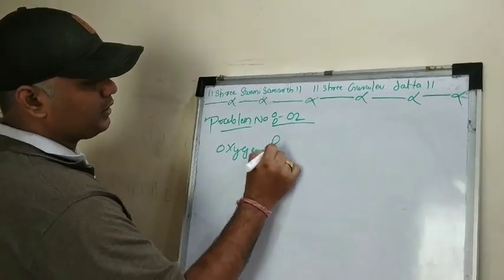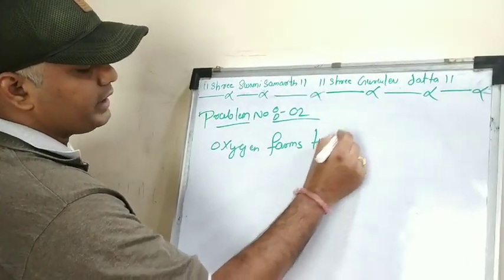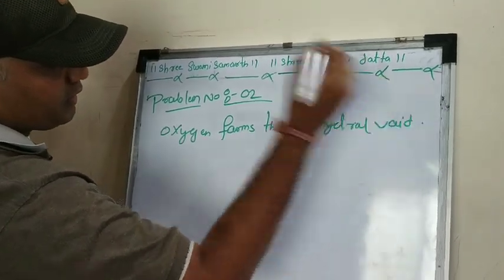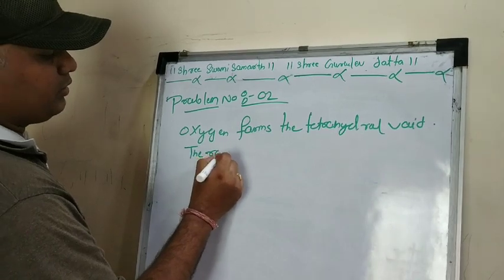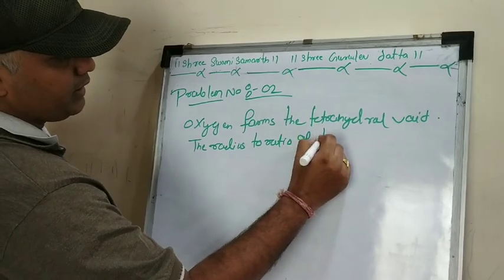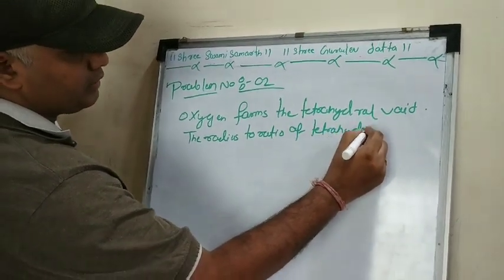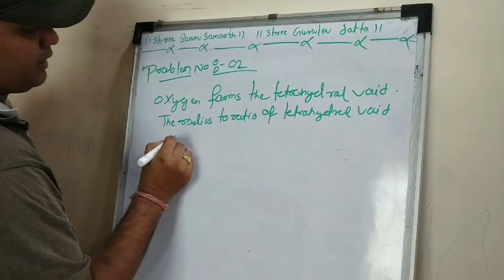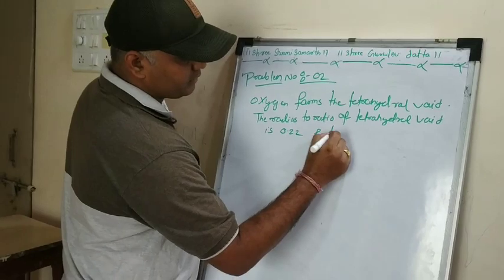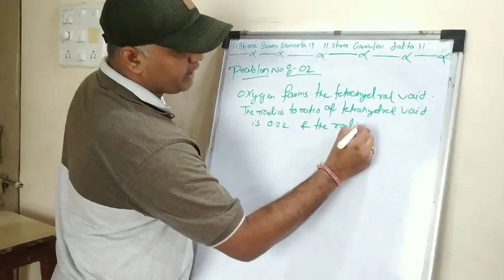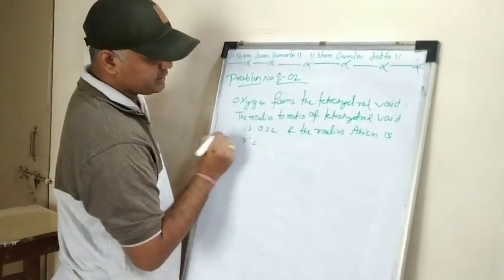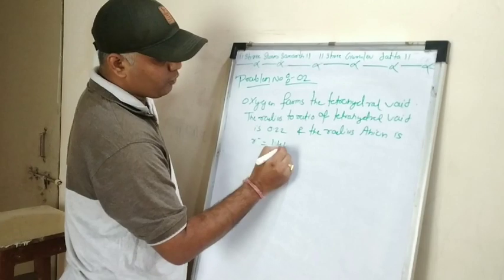Oxygen forms the tetrahedral void and the radius ratio of the tetrahedral void is 0.22 and the radius of the anion, that is R minus, is equal to 1.41 Armstrong.